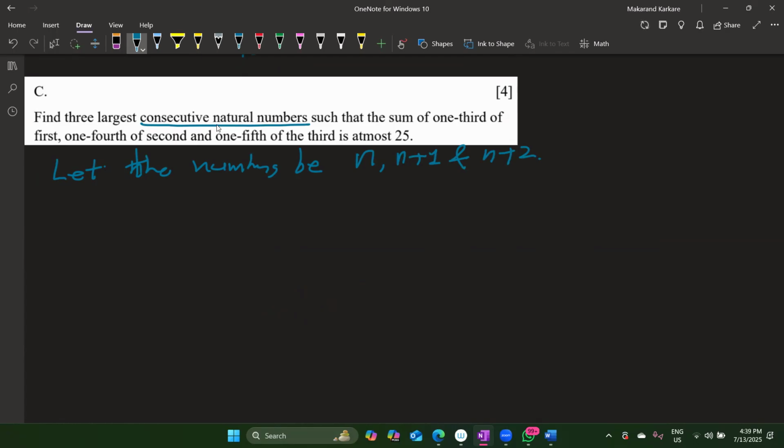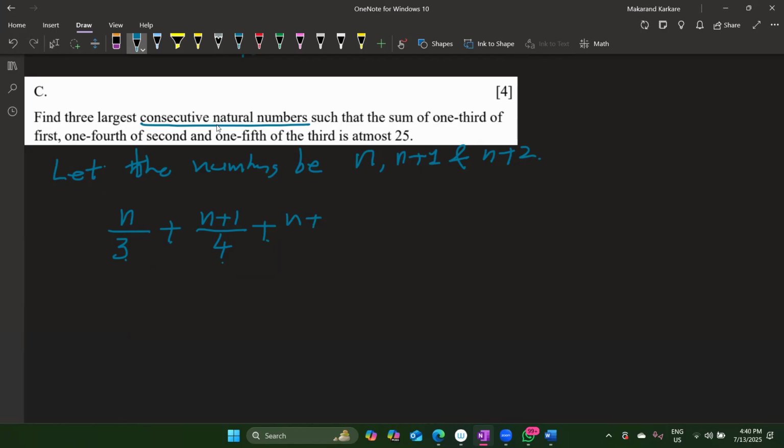The sum of 1/3 of first, so that's going to be n upon 3 plus 1/4 of second, which is going to be n plus 1 upon 4. And 1/5 of third.